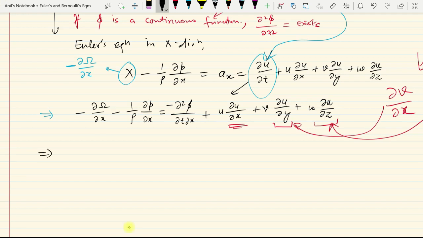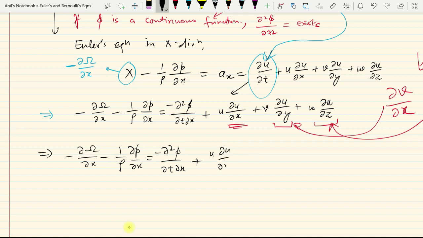Therefore we get it to be minus del omega by del x minus 1 by rho del p by del x is equal to minus del square phi by del t del x plus u del u by del x plus v del v by del x plus w into del w by del x.